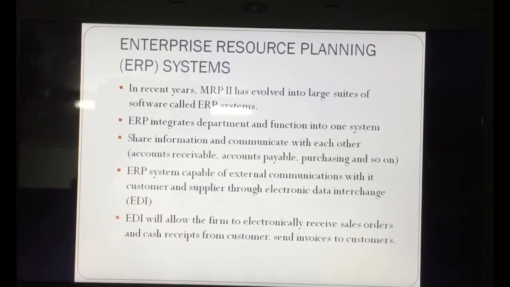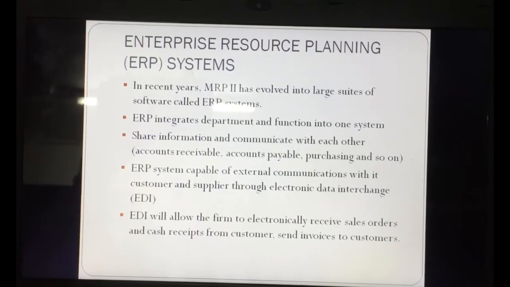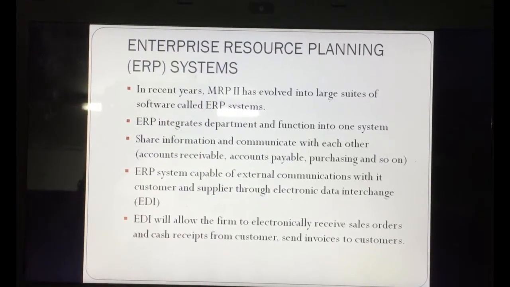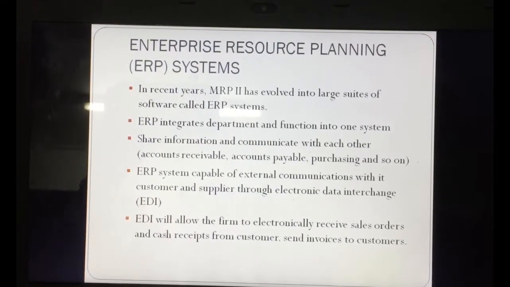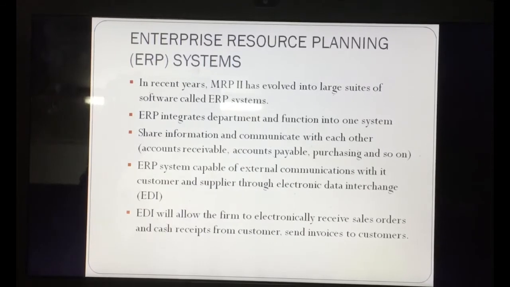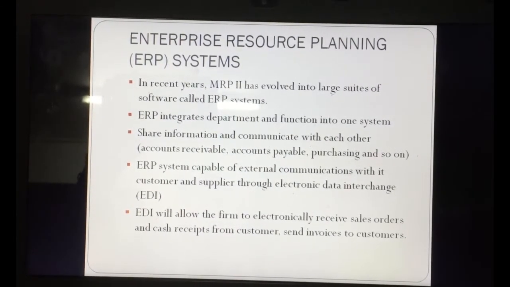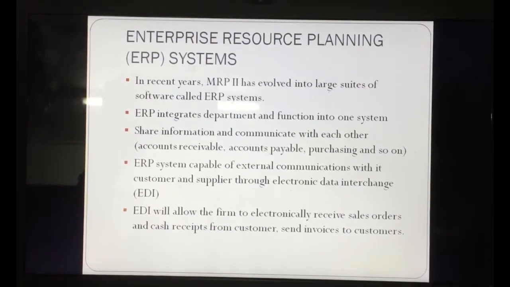So the ERP system enables various departments to share information and communicate with each other. An ERP system is composed of function-specific modules that reflect industry best practices, designed to interact with the other modules. Examples are accounts receivable, accounts payable, purchasing, and so on.